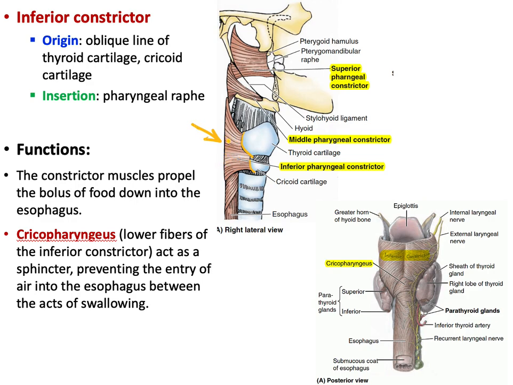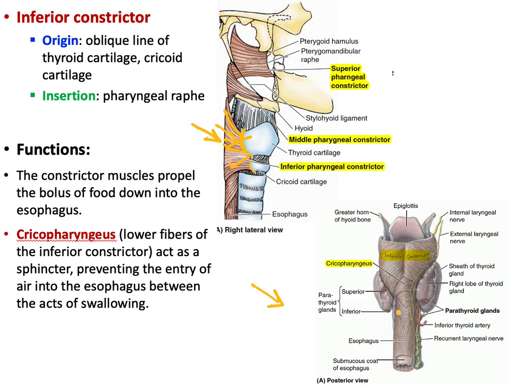The part originating from the thyroid cartilage we call the thyropharyngeal part, and the one originating from the cricoid cartilage, because of its origin, is called the cricopharyngeal part. So you have thyropharyngeal and cricopharyngeal parts. You have two parts.